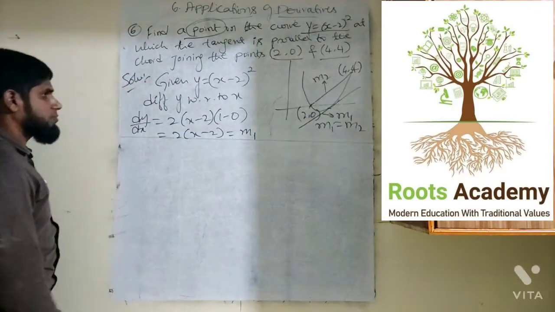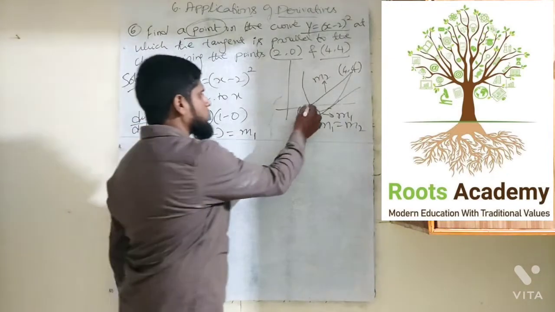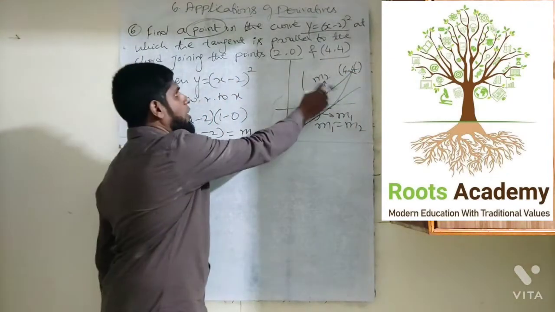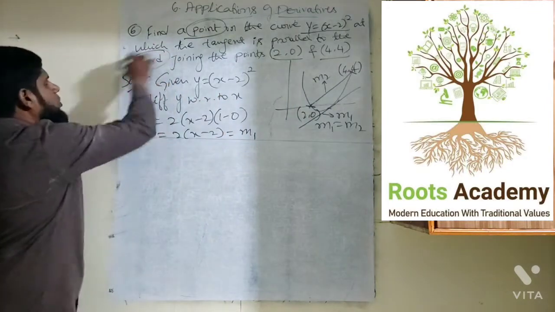Next, let us find the slope of the line joining these 2 points, or the slope of the chord, because we mentioned the word chord.